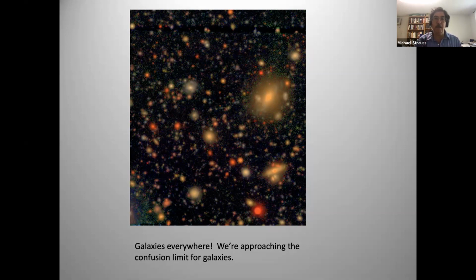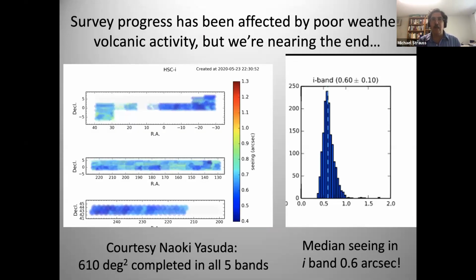So let's keep on going. I've mentioned we've had a variety of reasons for things to go slower. Poor weather, then Mauna Kilauea decided to start erupting, and now of course COVID-19, although observations have started again. But in many ways we're nearing the end.